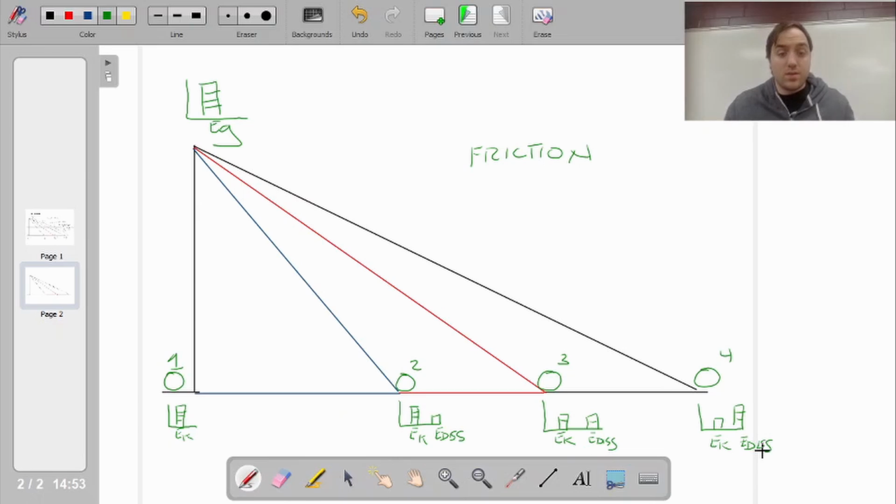In other words, the way you go, the path you take, determines how much work is done by force friction. Friction and any non-conservative force is what we call path dependent.